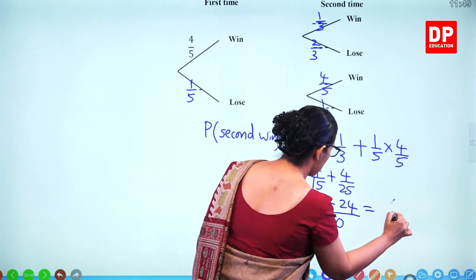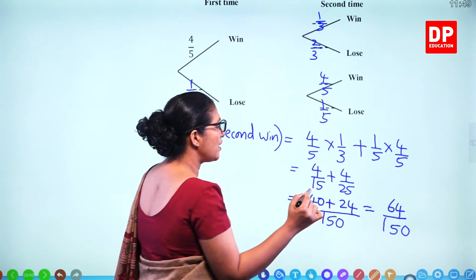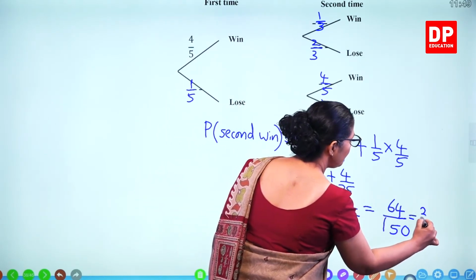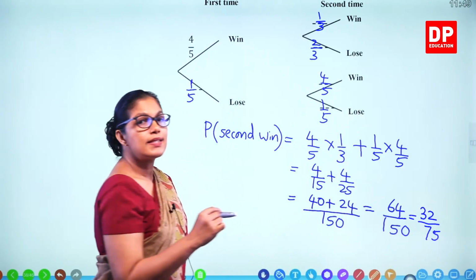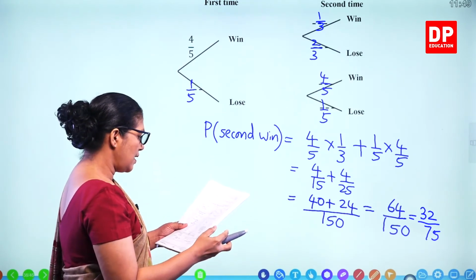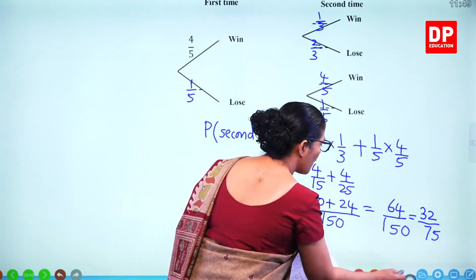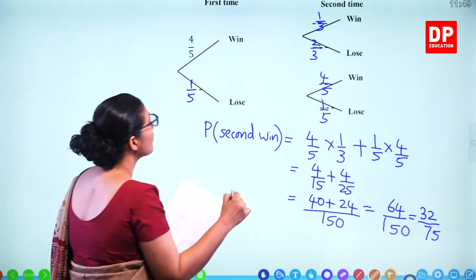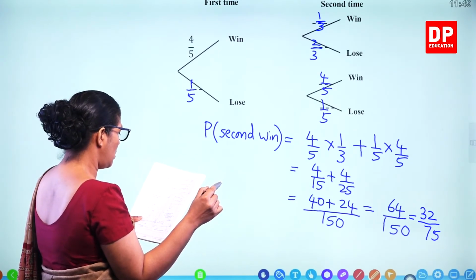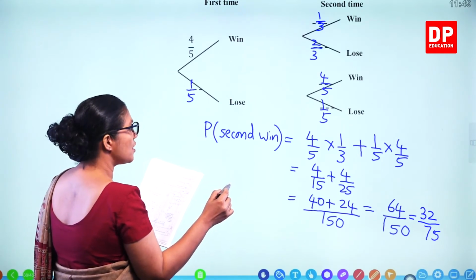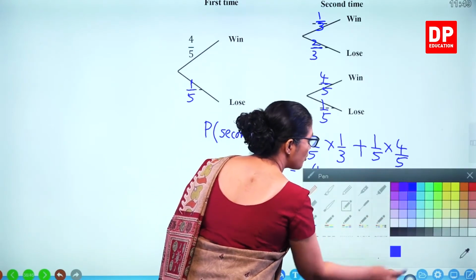You get 64 over 150. So divide by 2. So 32 over 75. So let's see marking scheme, and here you get 2 marks for that, 2 marks for this step, 32 over 75. So we gave 6 marks altogether.